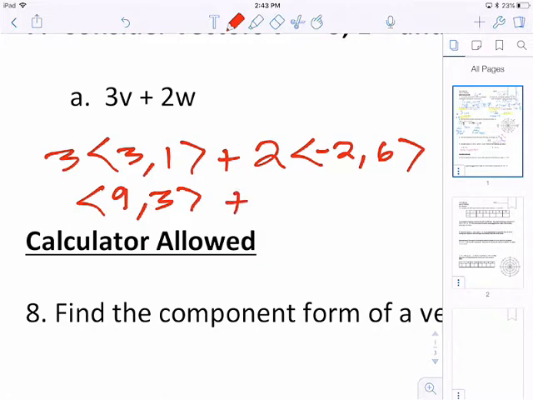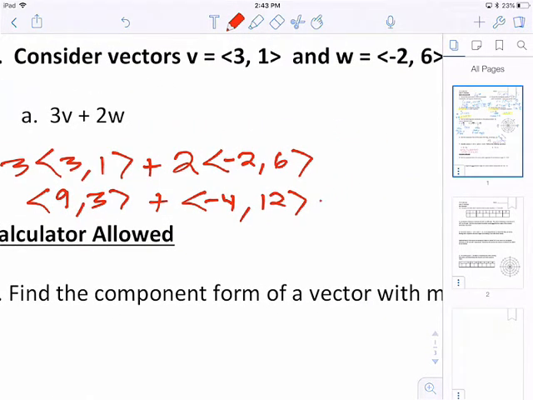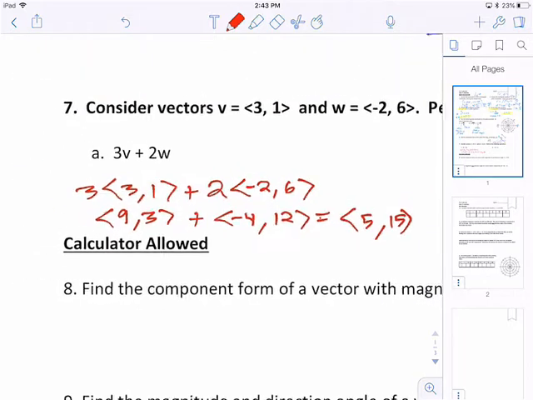And then negative 4 and 12 goes with that. And if you add their X to X, you get the final vector, which is, according to my calculations, 9 take away 4 is 5, and 3 and 12 is 15. So you can check against those, 5, 15. Hopefully that looks peachy keen.